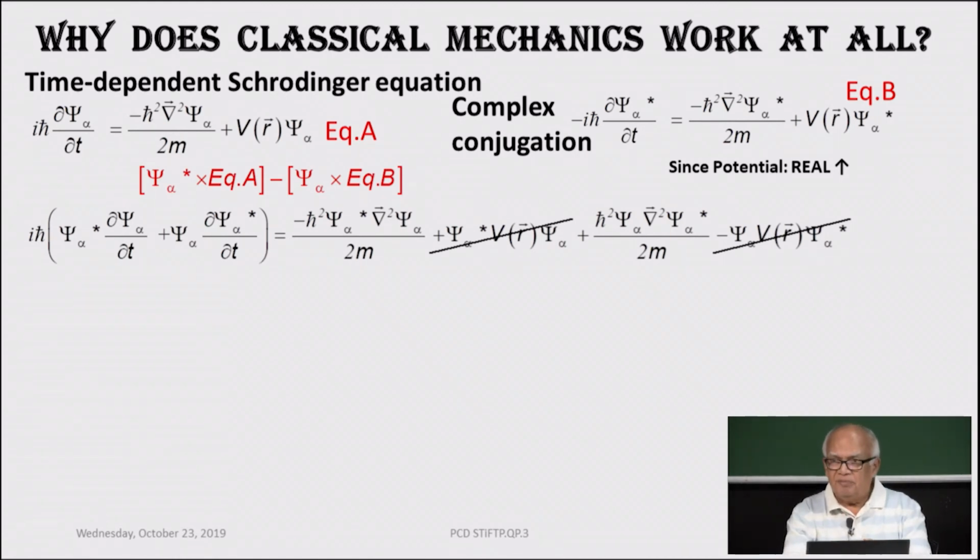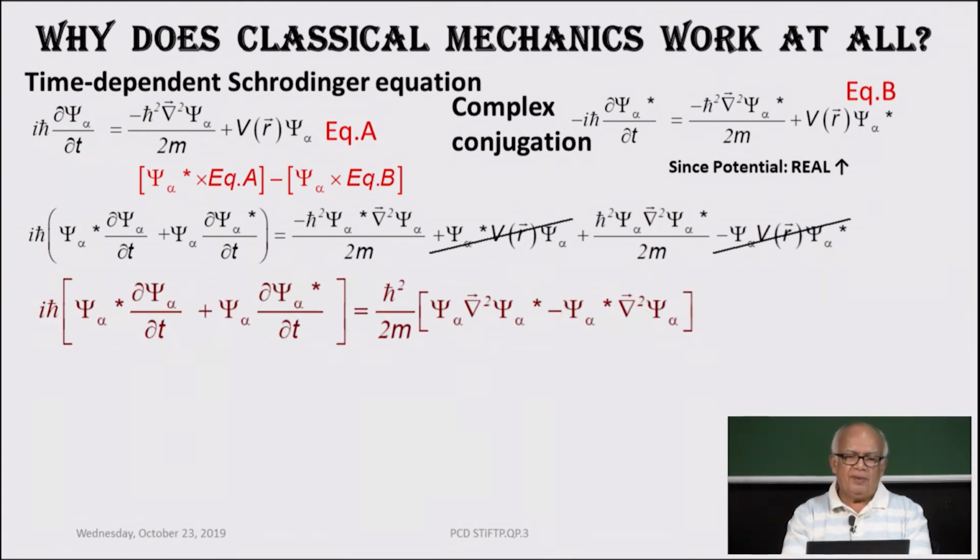I want you to learn, which is why I don't use a board, so that you can concentrate on the idea. What is the idea? You begin with the Schrodinger equation, take its complex conjugate, multiply the first by psi star, the second by psi. Any schoolboy can do this algebra and take the difference, right? So I don't have to spoon feed this by writing it step by step.